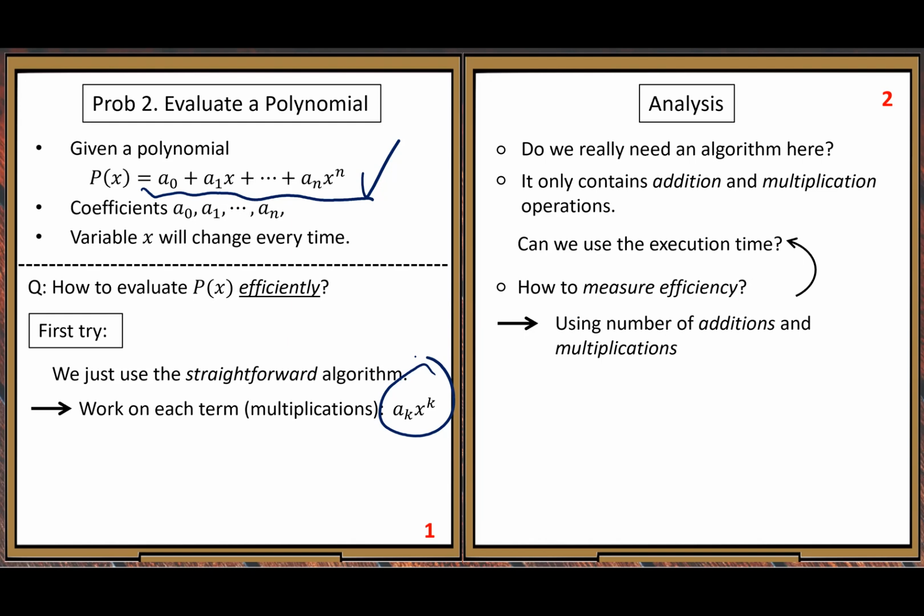When k equals 1, you have a1 times x. How many multiplications do you need? Calculate. How many multiplications do you need? 1. When k equals 2, you have x squared. How many multiplications do you need?